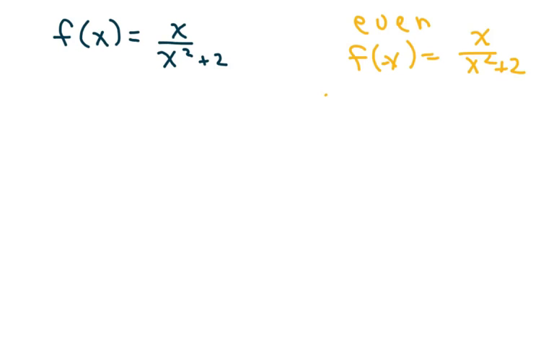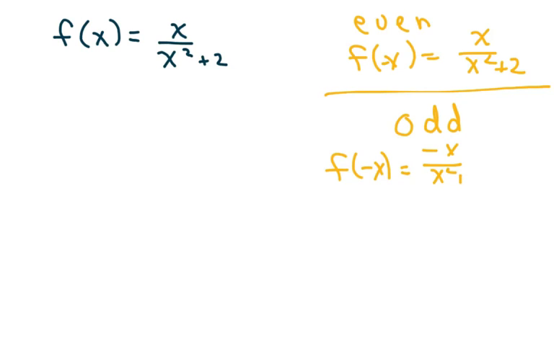If it's odd, you either negate the numerator, so f of negative x would equal negative x over x squared plus 2, or you negate the denominator, that's x over negative x squared minus 2.